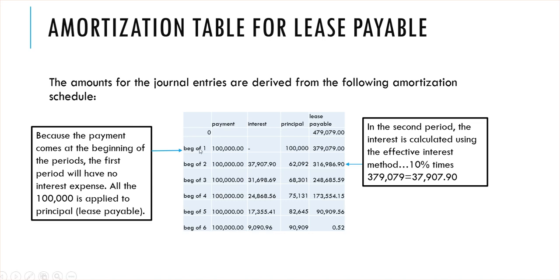But technically, the interest is only for 5 periods because the first one came at the beginning. If this and this are the same day, which they really technically are, the only way you can have interest is if there's a passage of time. So between this line and this line, it's the exact same day.